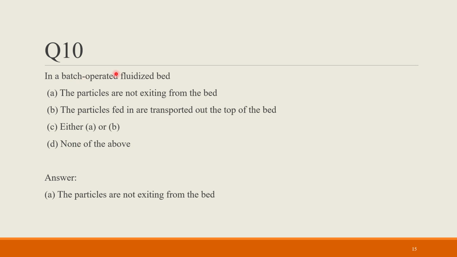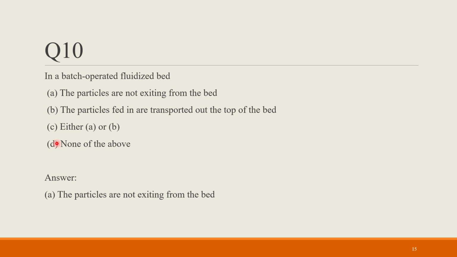We'll go to question 10. In batch operated fluidized bed, the particles are not exiting from the bed; the particles fed in are transported out the top of the bed; either A or B; none of the above. In continuous operation, the air goes from the bottom of the column and the particles move. Because of the air, the particles start moving and exit from the column at some point.